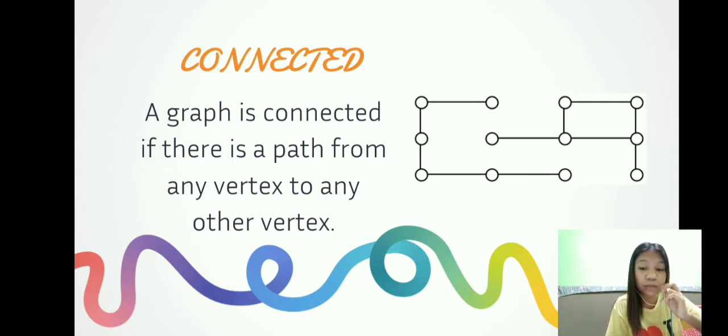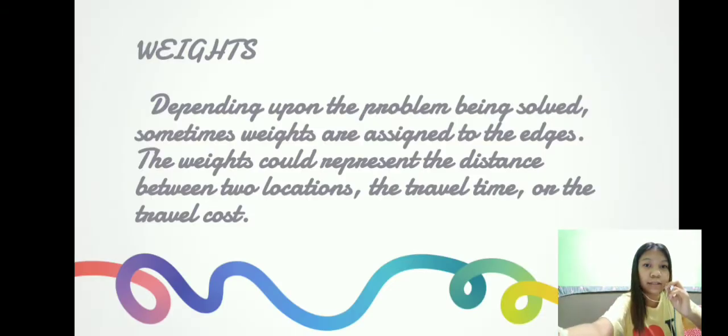There is no way to get from the vertices on the left to the vertices on the right. So next is weights. Depending upon the problem being solved, sometimes weights are assigned to the edges. The weights could represent the distance between two locations, the travel time, or the travel cost.